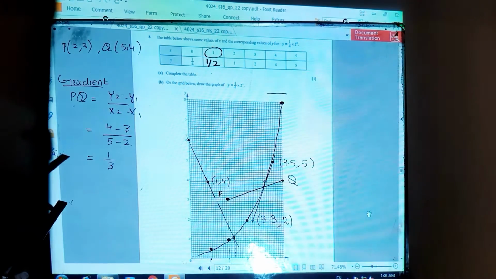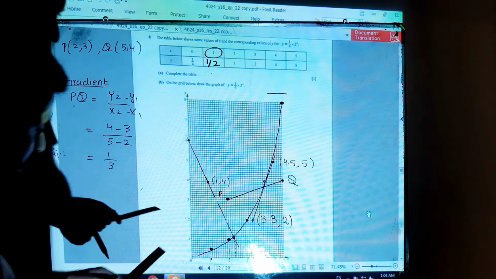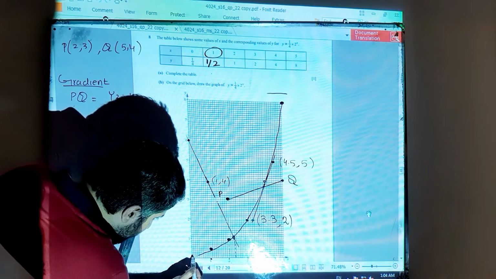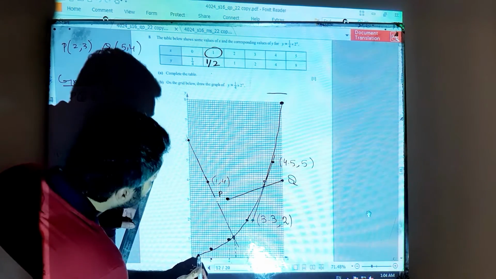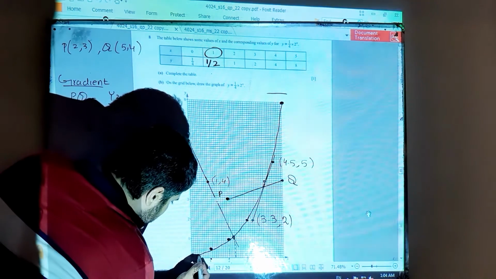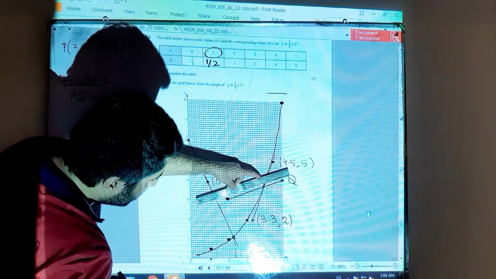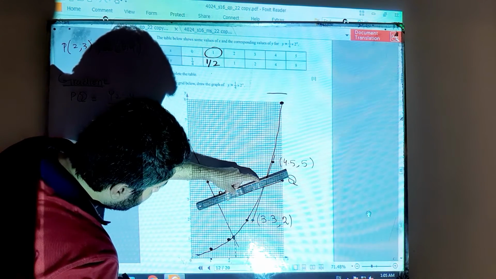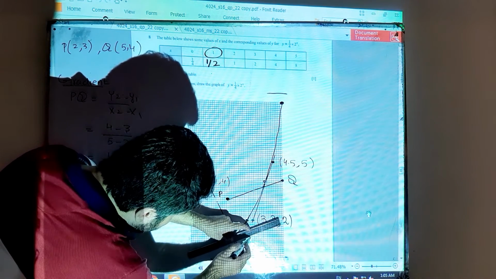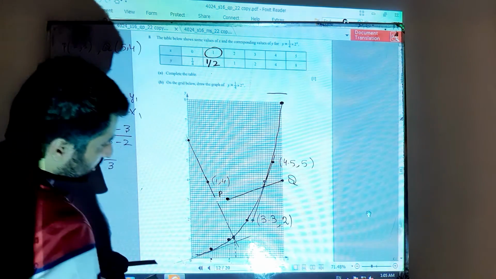Then you need to draw a line parallel to PQ that will intersect the curve. It is somewhere over here. Let me readjust it. Just wait a minute. Okay, I need to draw a line parallel to PQ. Parallel to PQ, it should have the same gradient. It should be parallel to PQ and should touch the curve like this.